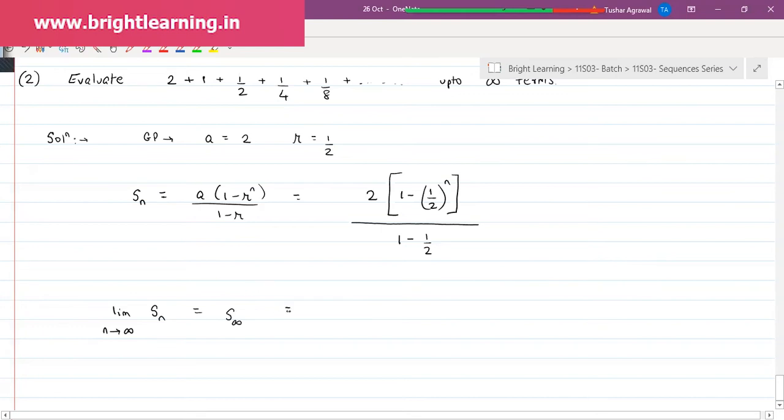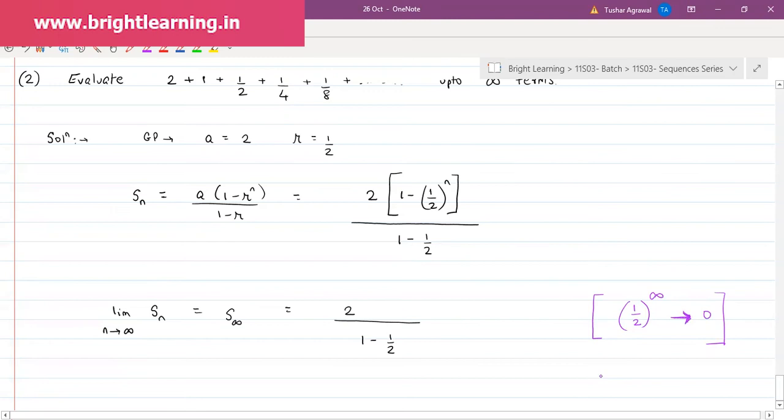So this is equal to 2 times 1 minus half as it is. Now what to do of this half raised to n? Can you convince yourself of this point, that as n tends to infinity, a proper fraction raised to infinity almost approaches 0? This arrow sign means it becomes very close to 0.